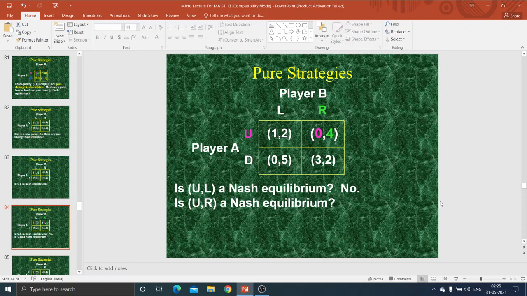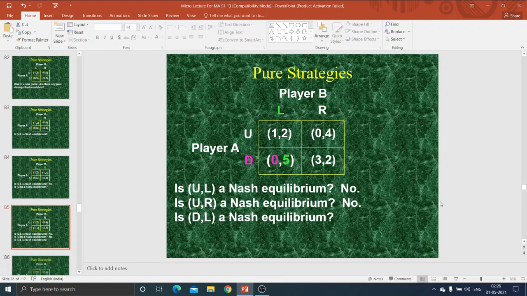Because left means 0, and vice versa. So up and right is also not a Nash equilibrium. DL is also not a Nash equilibrium, because you move on. 0 is not desirable for that person, therefore there is no Nash equilibrium.